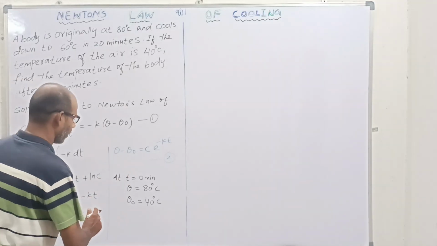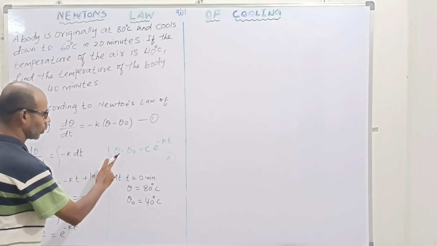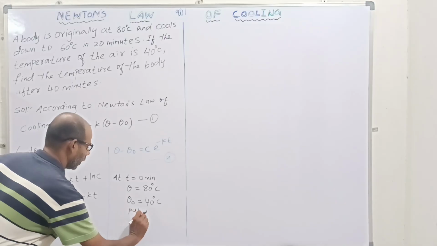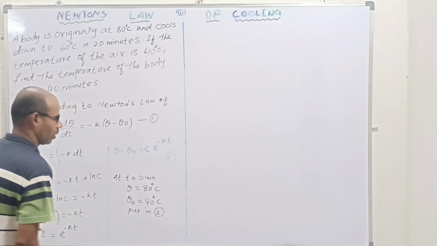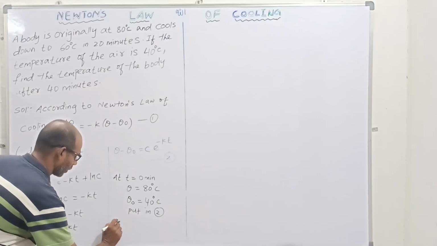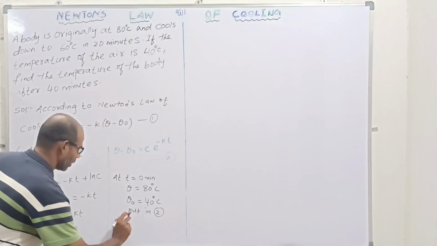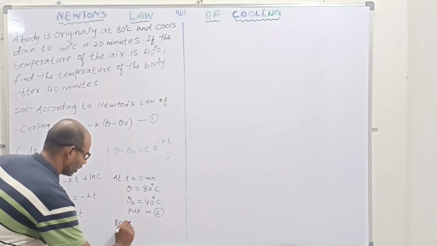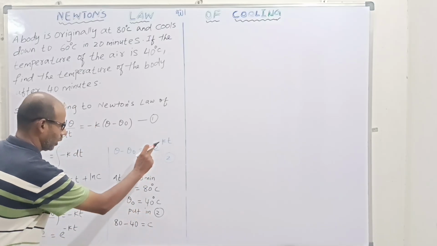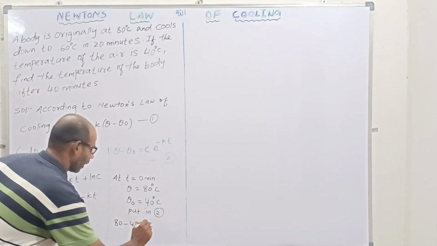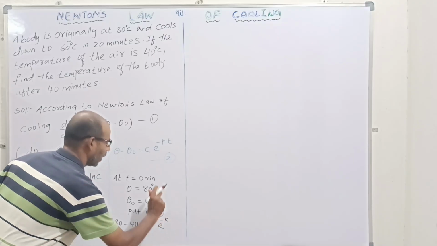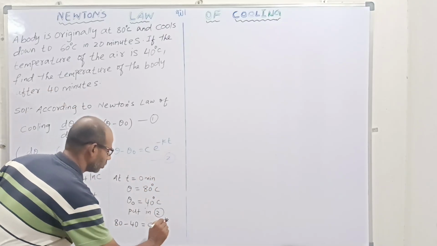Theta is equal to 80 minus theta naught, which is 40, is equal to c into e power minus k into t, where time is 0.